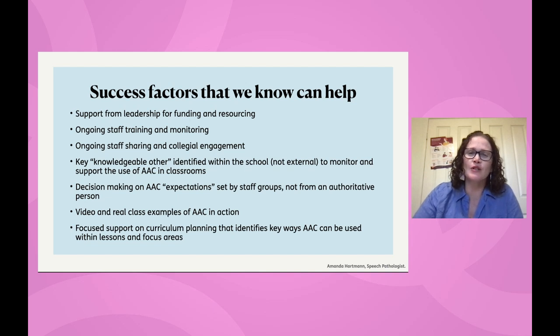And I also think that one of the biggest success factors, and one of the biggest shifts I've seen in the schools I work in, is when we really focus on how AAC can be embedded into the curriculum. That means at the phase of curriculum planning, you're identifying the key words, the language, the vocabulary that will be needed, so that AAC is at the forefront of that planning.